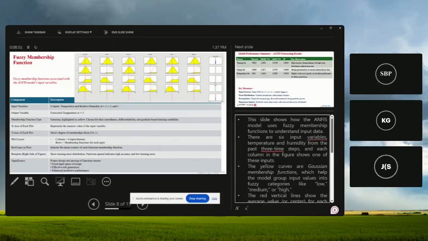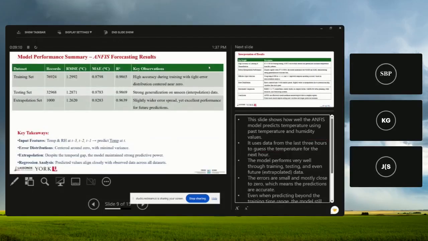A narrower spread indicates high accuracy and low training error. So it is significant that proper design and spacing of the functions ensure good input space coverage, effective rule generation, and enhanced prediction performance. Now, for the model performance summary, the ANFIS forecasting results.